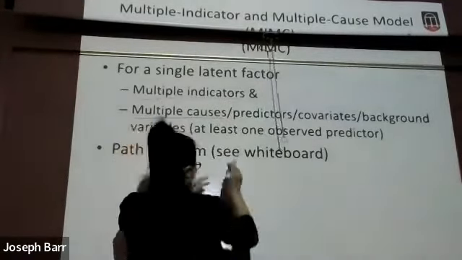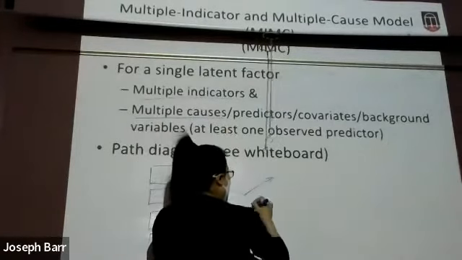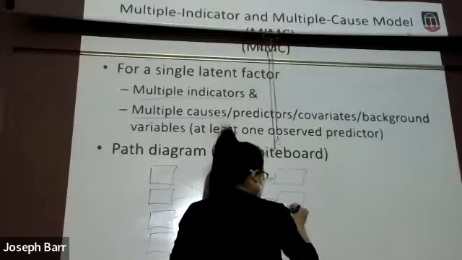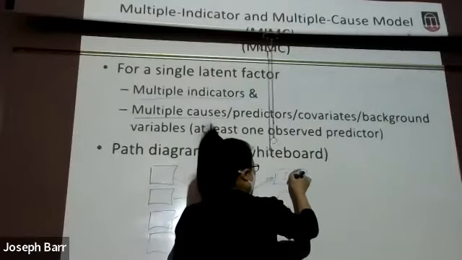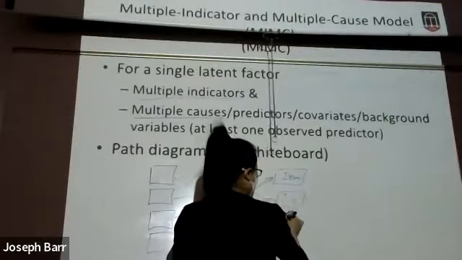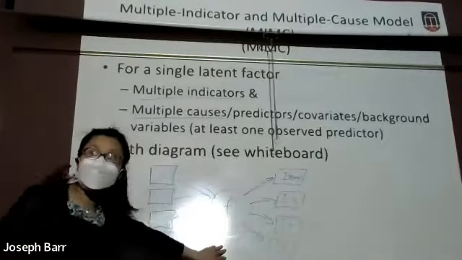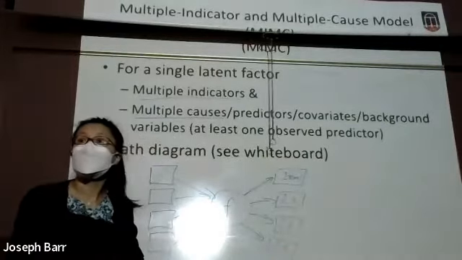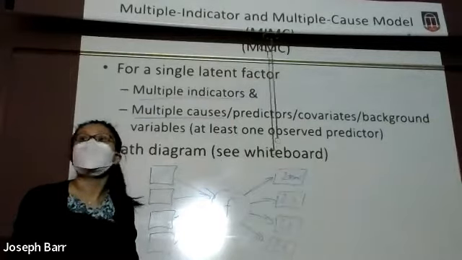With multiple indicators, this latent factor has multiple indicators, item 1, item 2, item 3, item 4, that are trying to measure the same latent trait. The causes could be like perceptions or behaviors and gender.